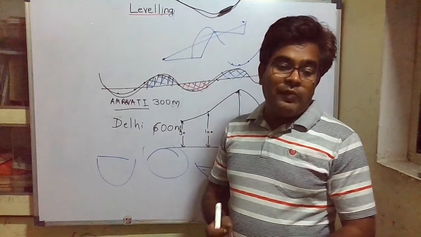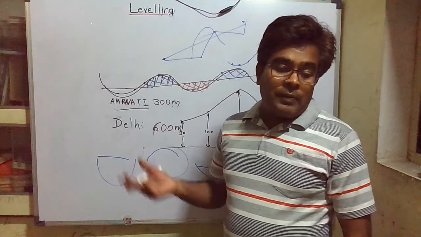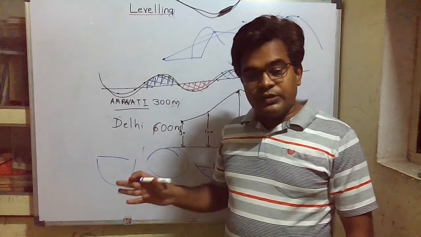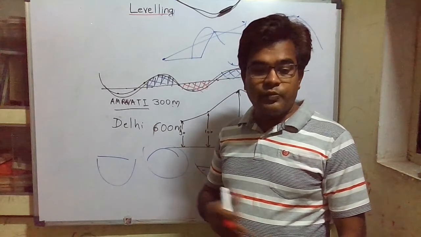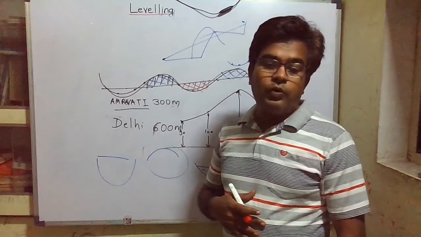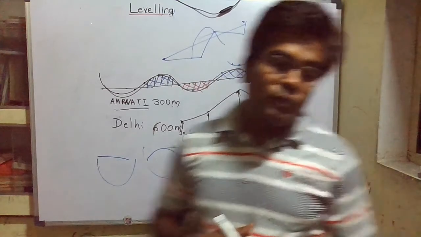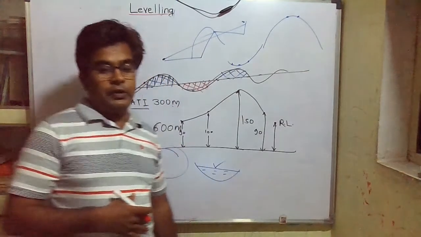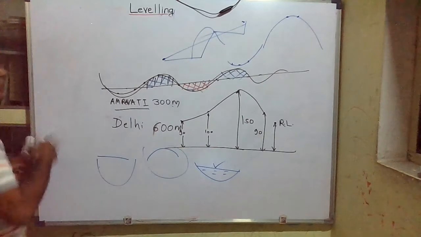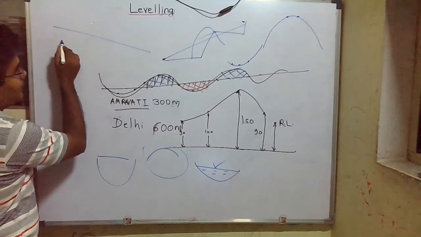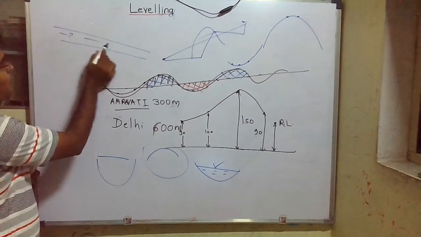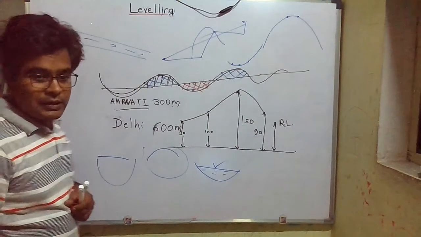So again, for another application, suppose we have to construct a pipeline, okay, so there we want that water should flow under gravity. Okay, so how will you select the profile of the pipe? You will definitely select the profile of the pipe like this, so that water through this pipe will flow by gravity.